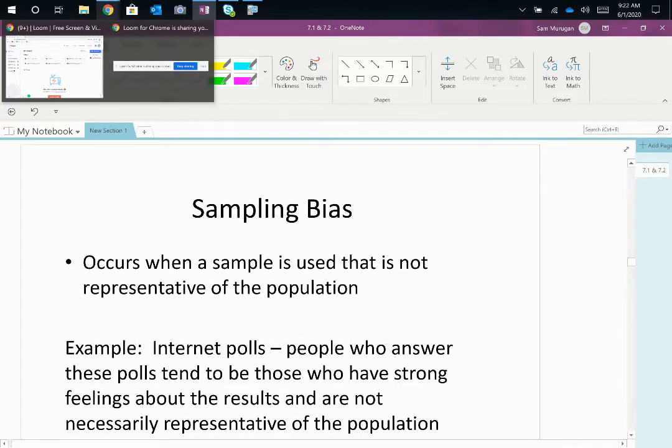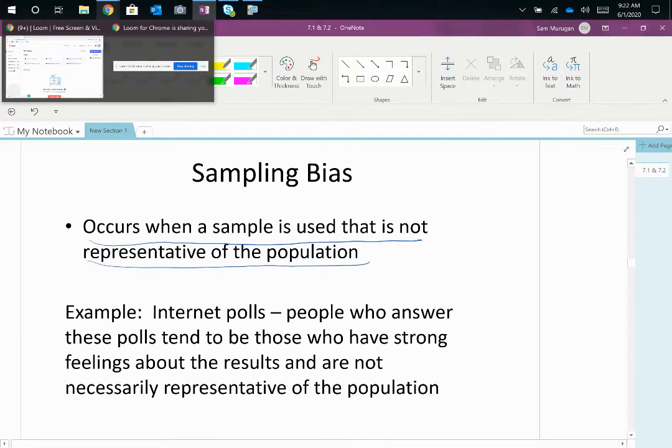Sampling bias occurs when a sample is used that is not representative of the population. And this is very popular in our world today. For example, internet polls: people who answer these polls tend to be those who have strong feelings about the results and are not necessarily representative of the population.